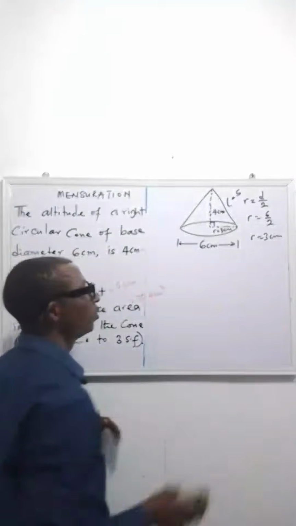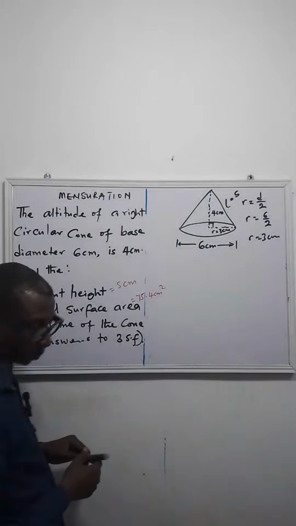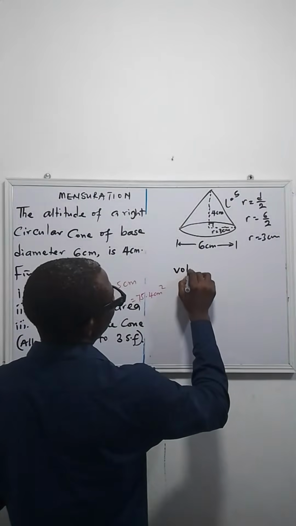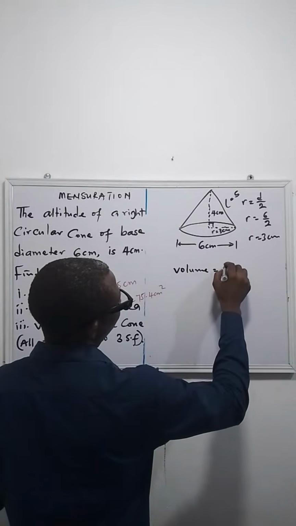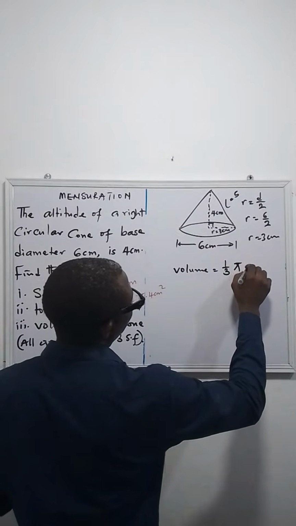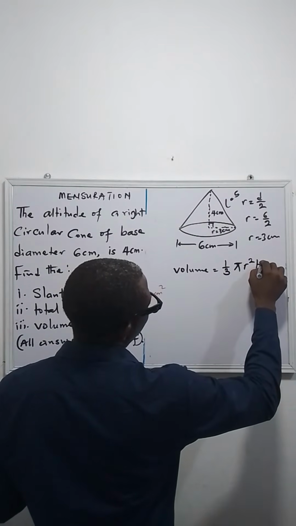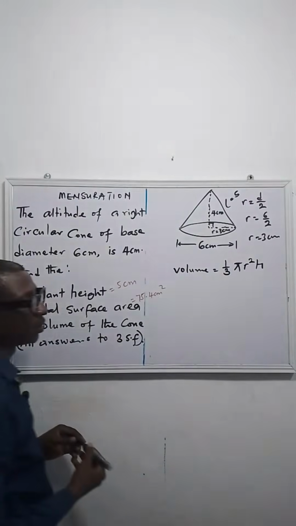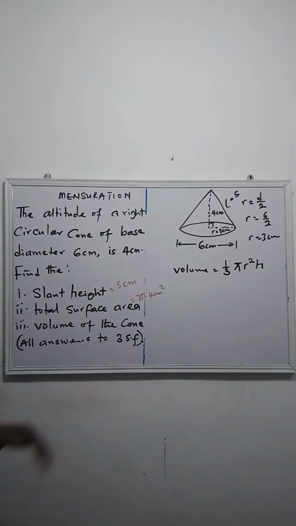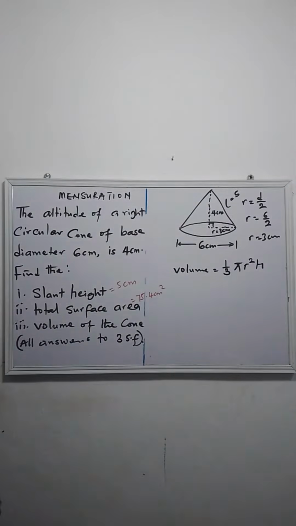The volume of the cone, we have volume equals 1/3 of pi r square h. Okay, 1/3 of pi r square h. Now this is the volume of a cone. That's the formula. Now let us input the values and see what we are going to have for the volume.